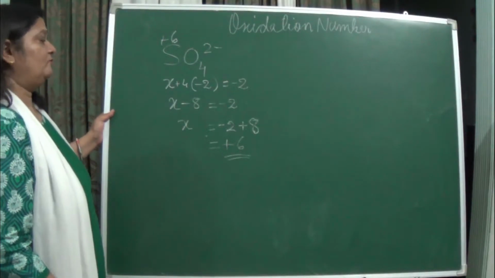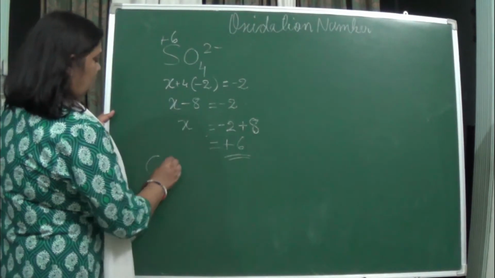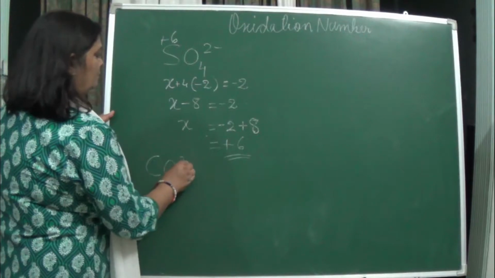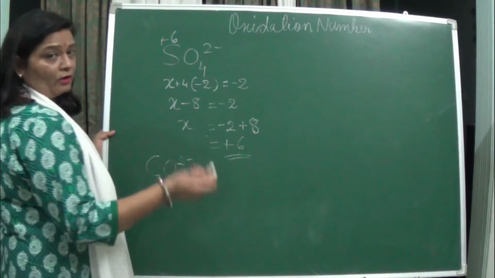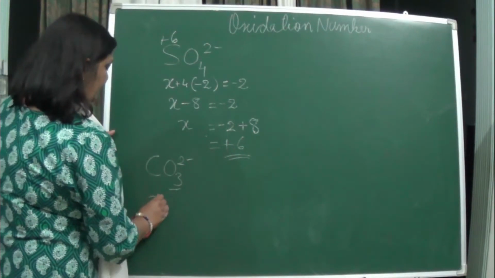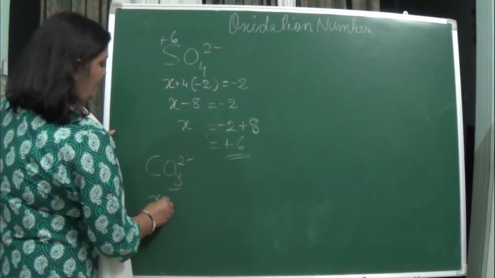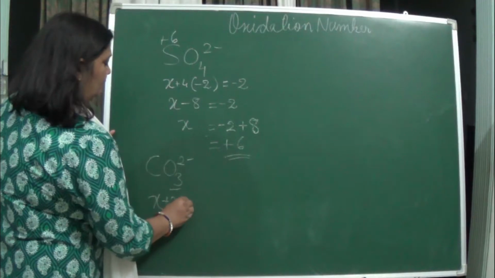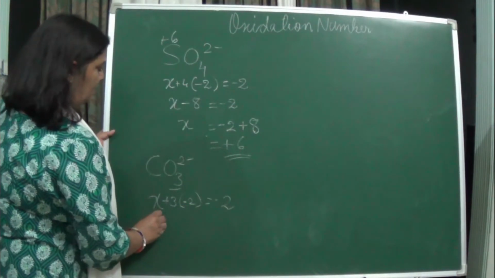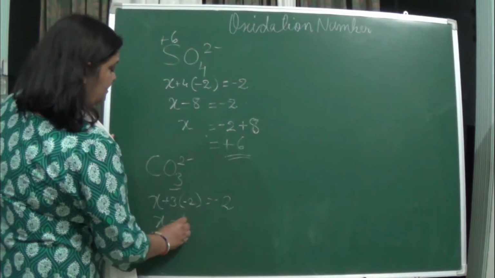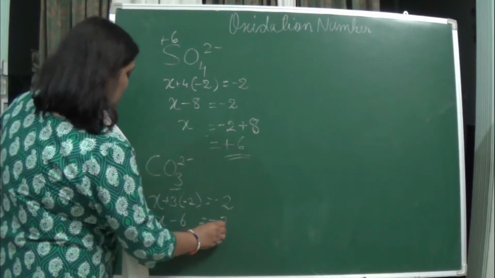Likewise, you can take out for carbonate ion also, CO3 2 minus. Here you all know oxygen is minus 2, carbon we take as x, plus 3 into minus 2 is equal to minus 2. So here it becomes x minus 6 is equal to minus 2.